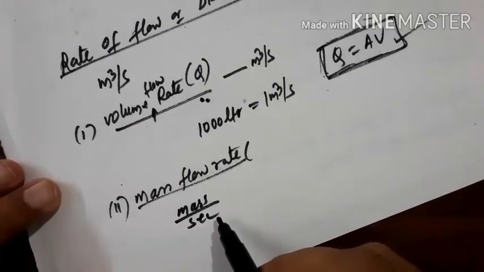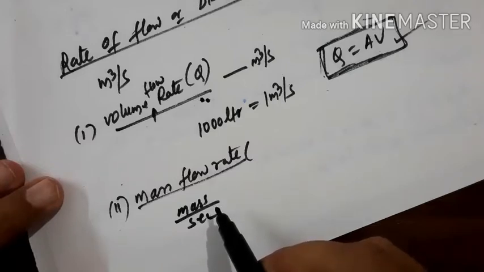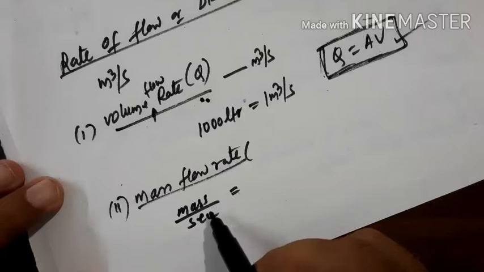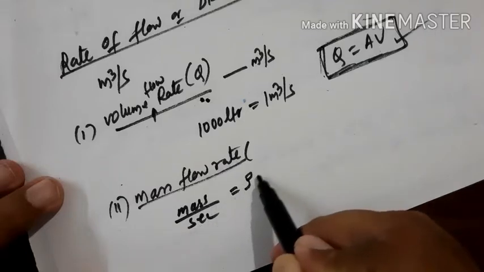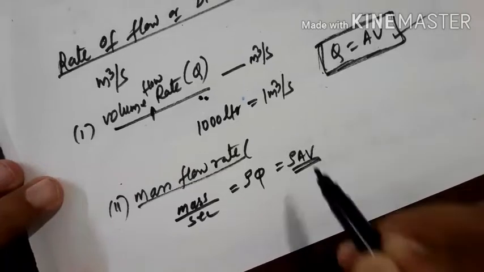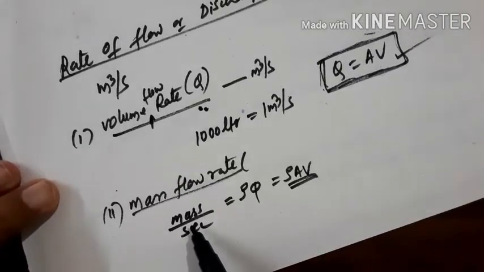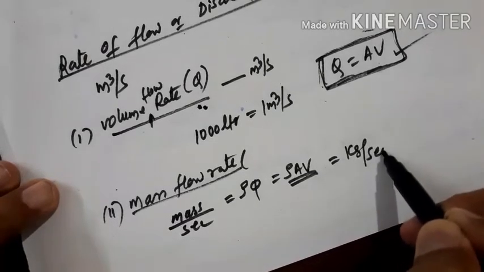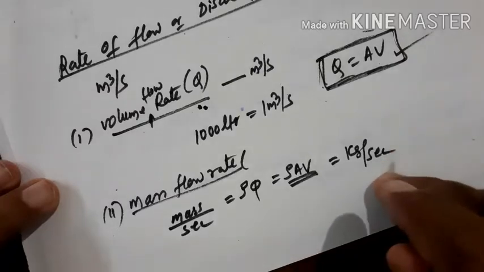This is also called mass flux. This is rho Q, or rho into A into V. This is mass flow rate, and its unit is kg per second.